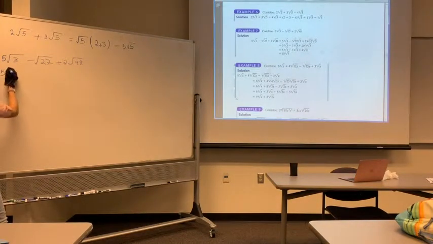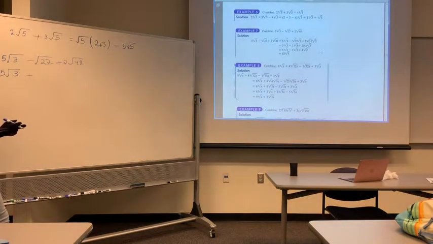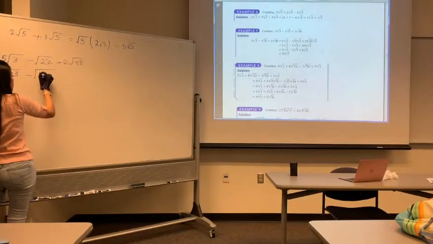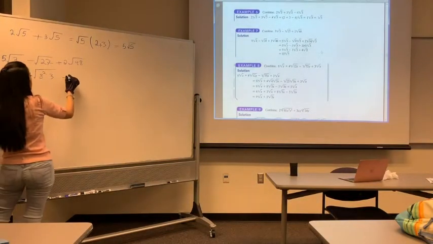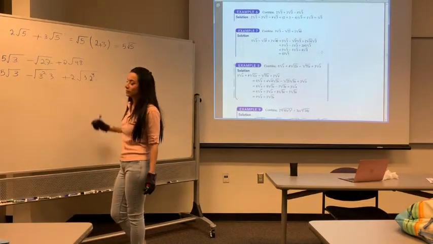So I will write down 5 radical 3 minus radical 27, which is radical 9 multiplied by 3, right? 9 is a perfect square, so 9 comes out and becomes 3, right? Or let's write it the way I just taught you: 3 power 2 multiplied by 3, correct? Plus 2 times what was this one? 3 multiplied by 2 power 4.